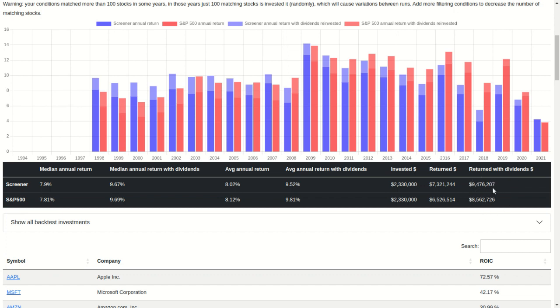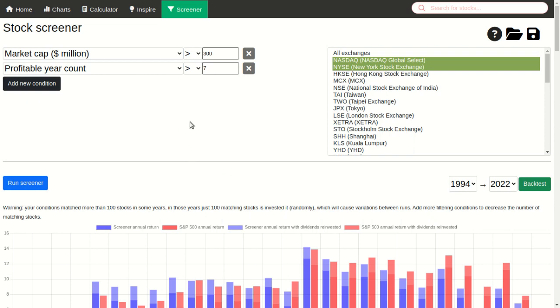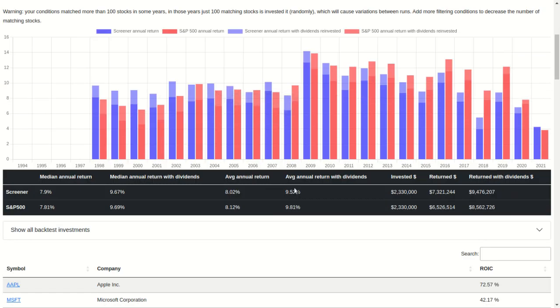It's a little bit larger in the screener because we may have found some good stocks here, but roughly in line. So what we should do here is add additional fundamental metrics, filtering conditions, and try to get these average and median annual returns to higher values than the S&P 500.